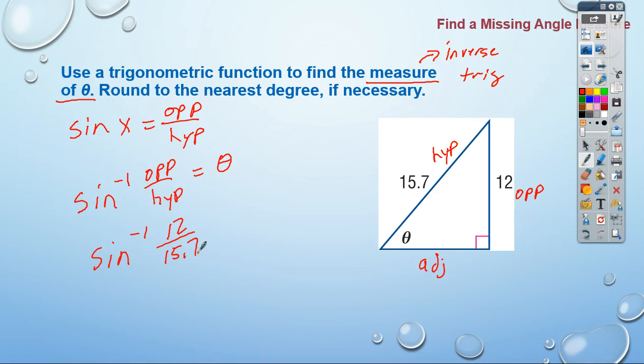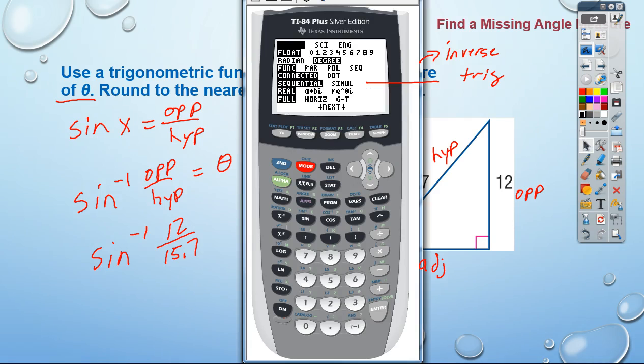So we need to go get our handy dandy calculator, which we will here right about now. So again, here's my calculator, and I hit the mode button to make sure, yes, I am still in degrees. All right, so then I'm going to go in here, and where is inverse sine? Inverse sine is right above sine. So the way I do that is I'm going to quit here.